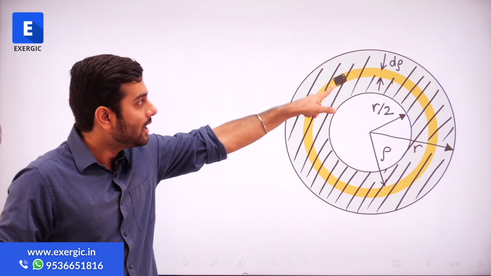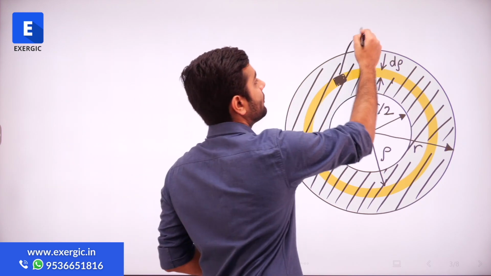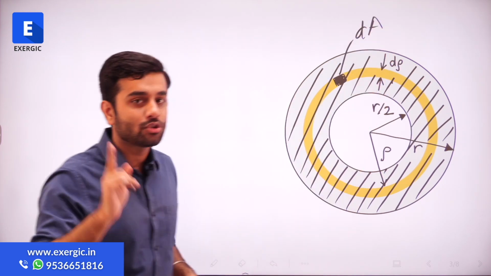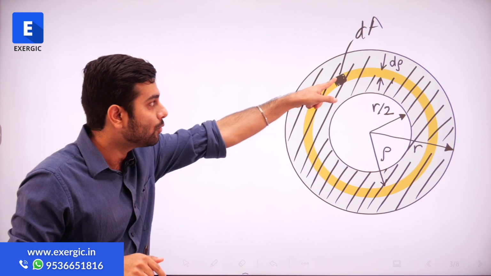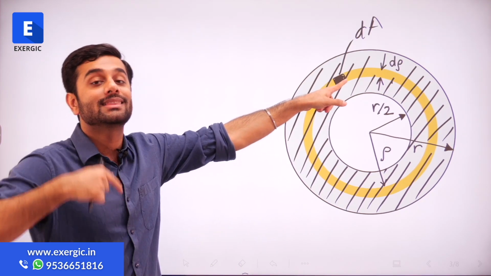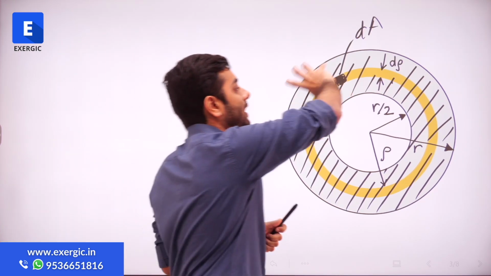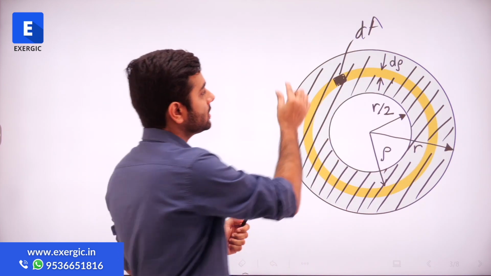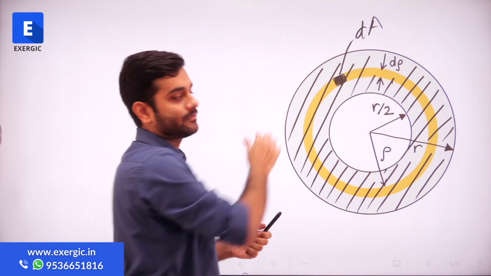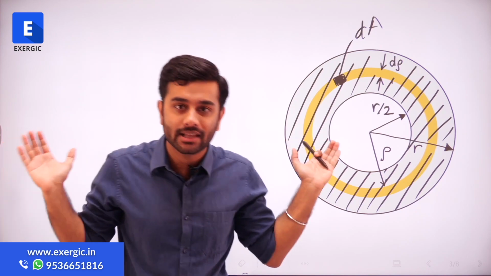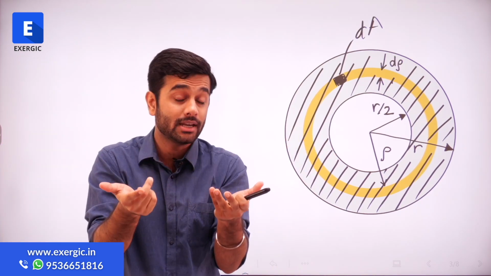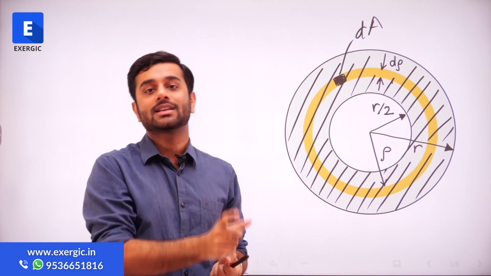So for that small area dA, I will see how much torque is being resisted by that small area only. And then I will integrate it for the entire area. I will take all the small areas on this outer core and add their torques together by performing integration to get the final expression of torque.